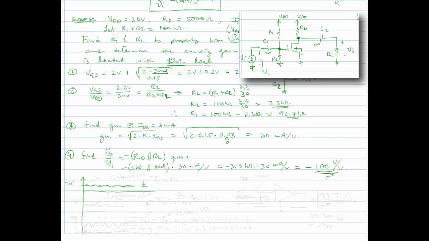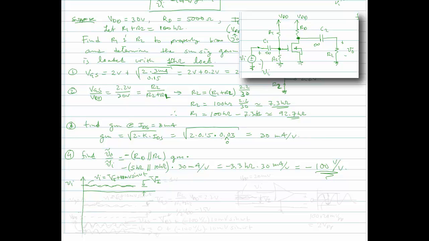So this right here is going to be a capital VI, and this VI here will actually be equal to big VI plus, let's say, 10 millivolts times sine omega t.